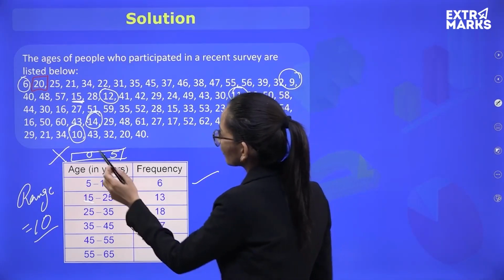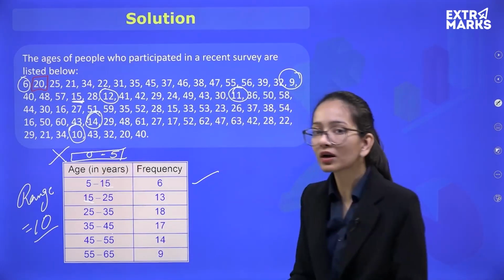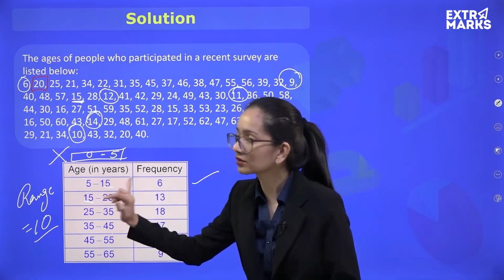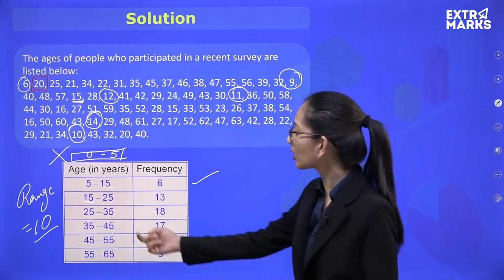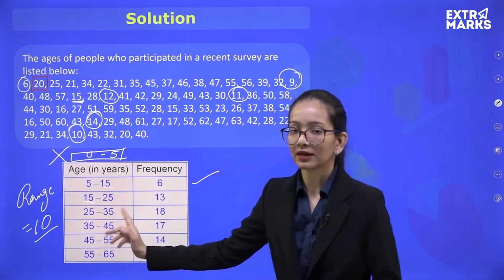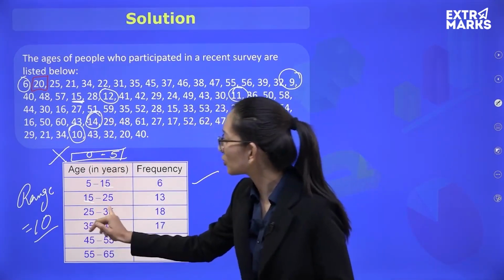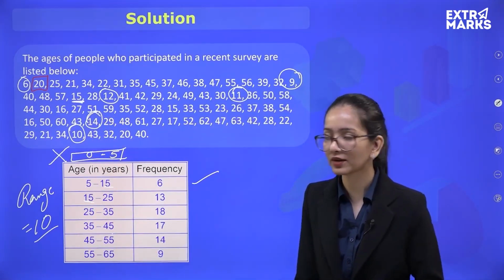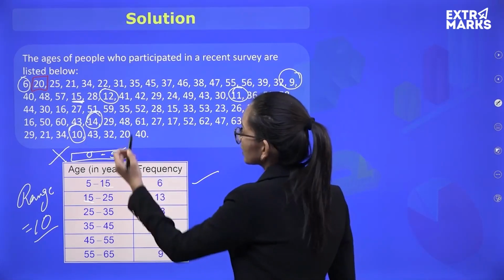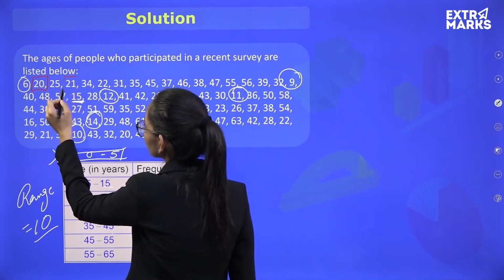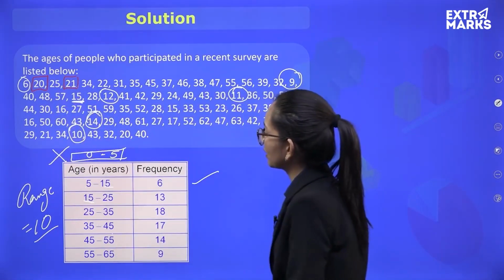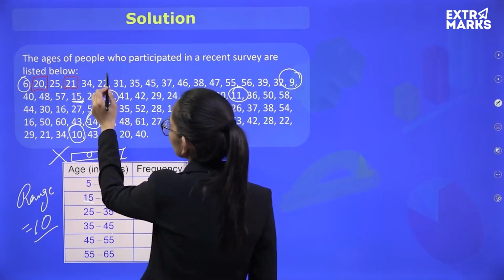After that, we have 25. Again, I'll not count 25 in this age group 15 to 25 because it is not matching with the lower class limit. I will count it in the age group 25 to 35, right? So, 25 I'll not count. Then I'll count 21. Then I'll count 22.